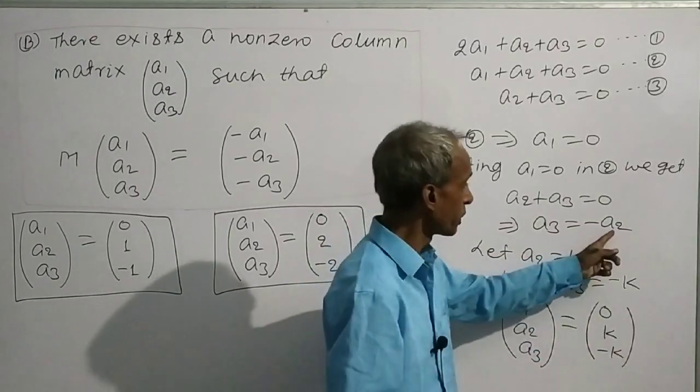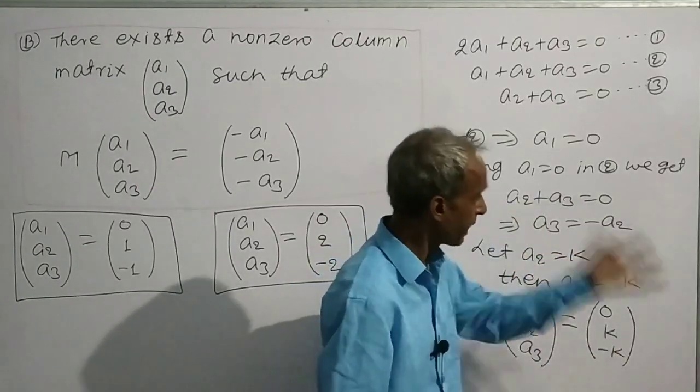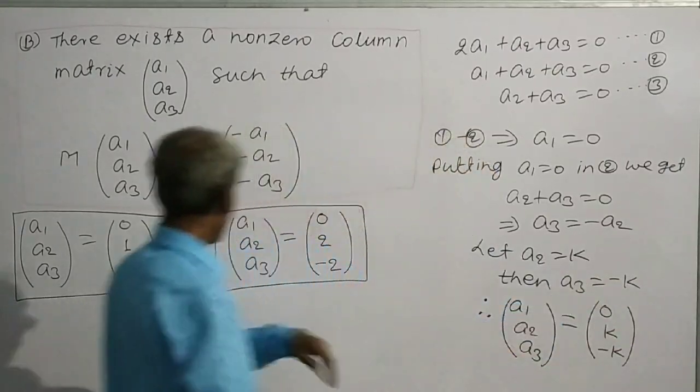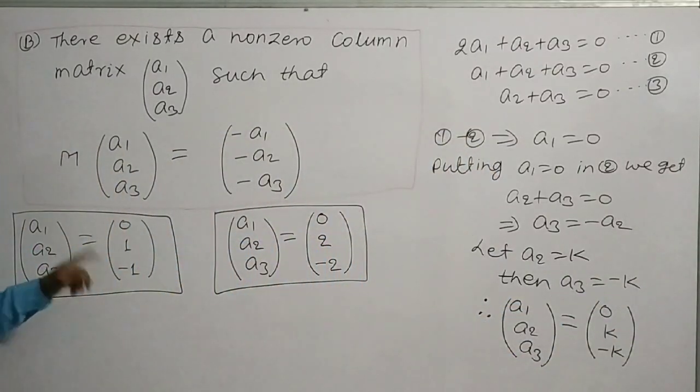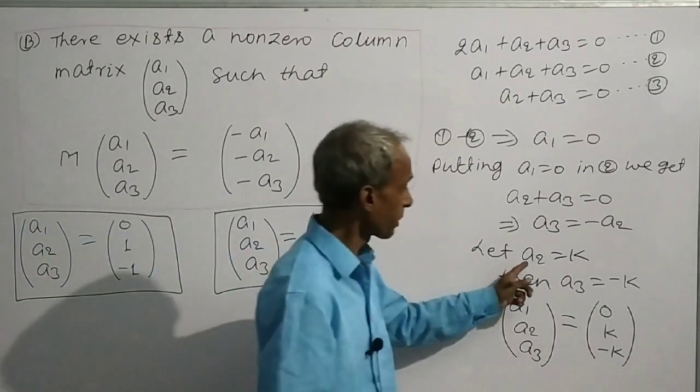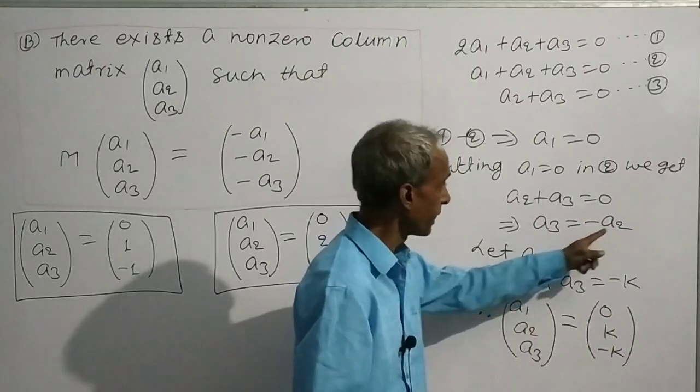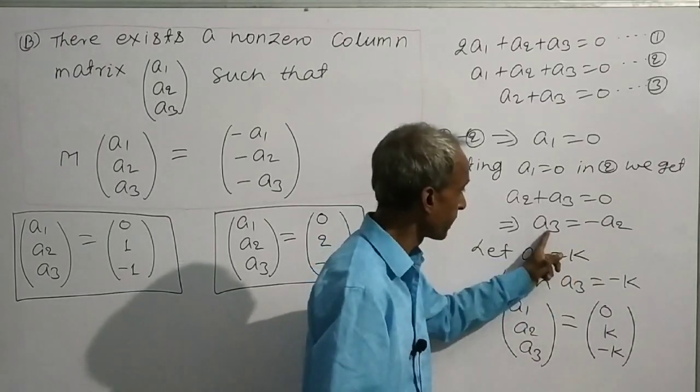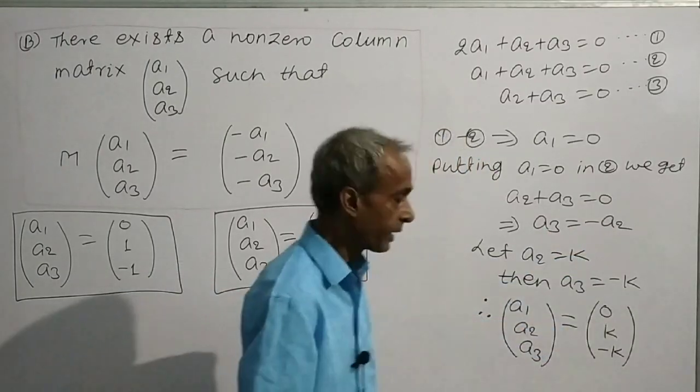If we suppose A2 is equal to any number k, suppose A2 is equal to 1, then A3 will be equal to minus 1. If we suppose A2 is equal to k, then A3 will be minus k.